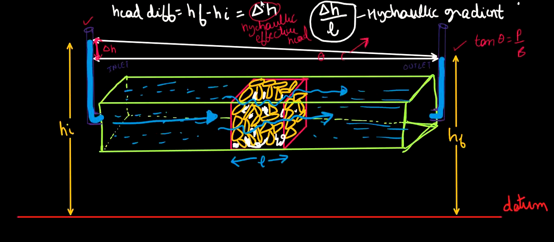In this case our slope is nothing but the hydraulic gradient, which will be equal to perpendicular upon base. So perpendicular in this case is delta H, and the base will be L. I hope this is clear.